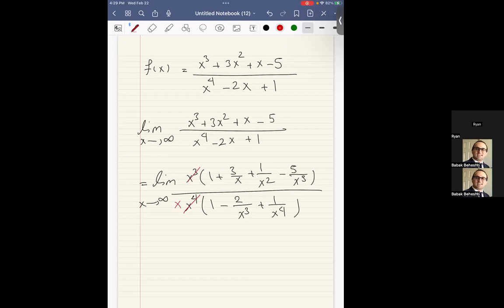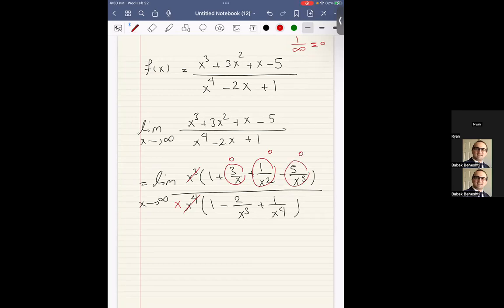Moreover, you have to note that 3 over x when x goes to infinity is 0. 1 over x squared is also 0 when x goes to infinity, because 1 over infinity is 0. This is something we always keep in mind: 1 over infinity is 0. It doesn't matter, positive infinity and negative infinity, both 0.